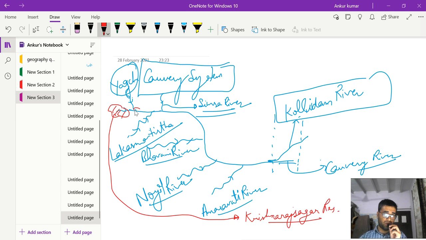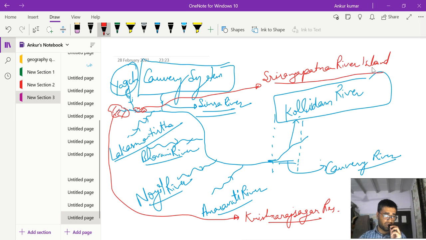Okay, here you have the Srirangapatnam River Island. Okay, so there are two riverine islands on the Kaveri.